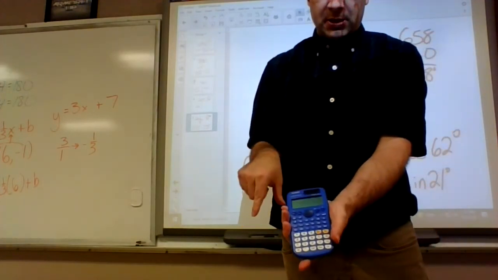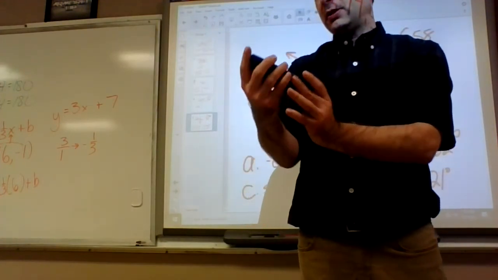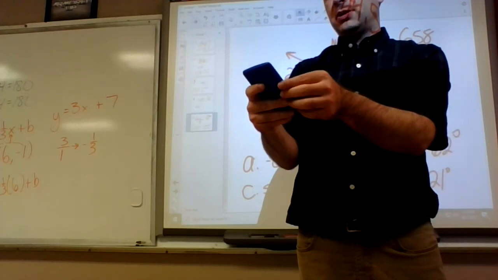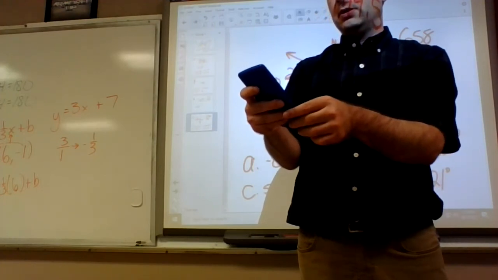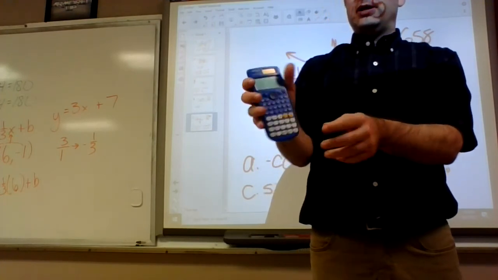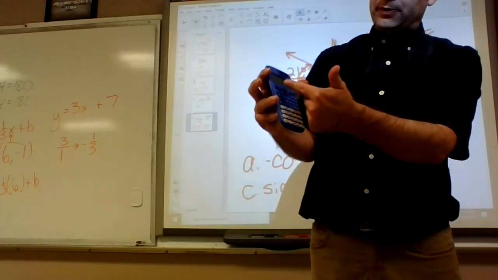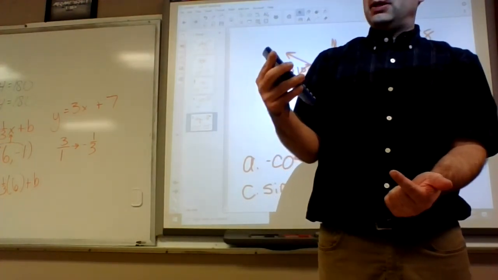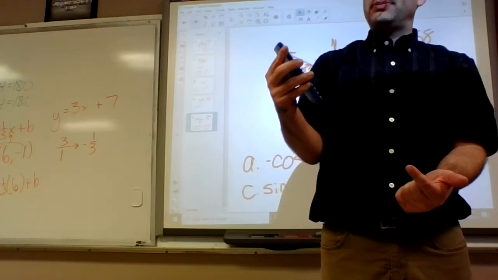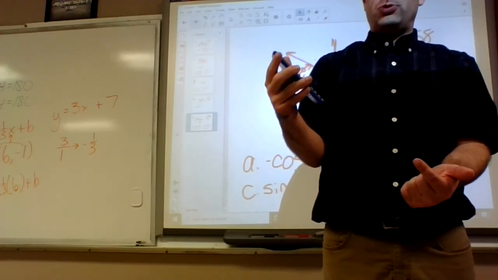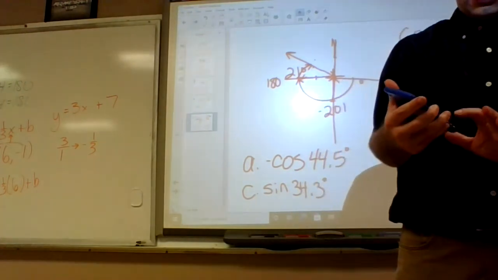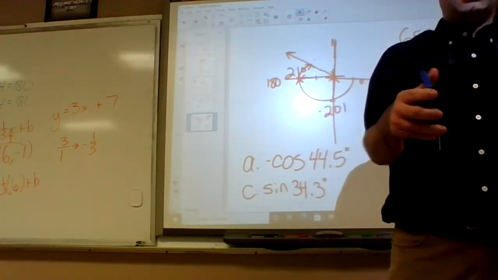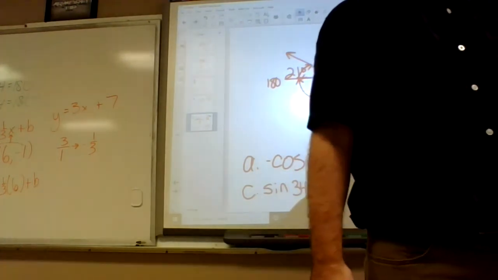It might be in setup actually. So I hit setup, which means I hit shift mode. And then it says option 3 is degrees, option 4 is radians. So what am I going to push, class? Degrees. 4. Okay, now it's set up to do D.